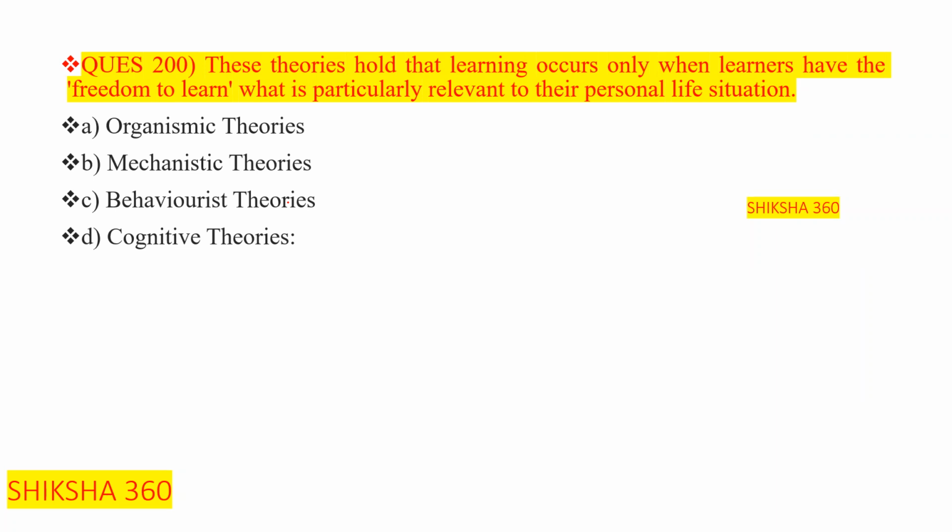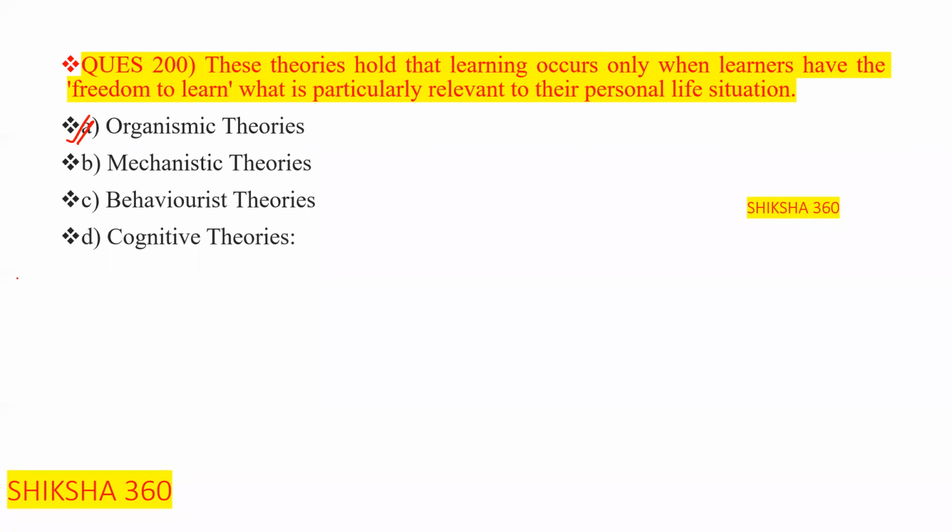Option A is organismic theories, B mechanistic theories, C behaviorist theories, D cognitive theories. The correct answer is option A, organismic theories.